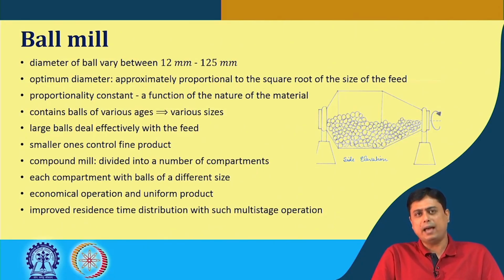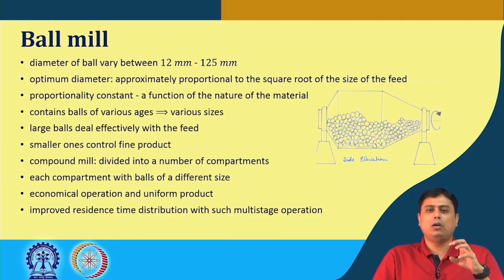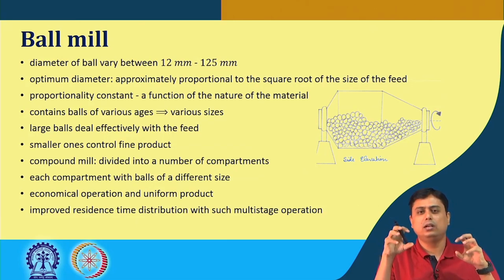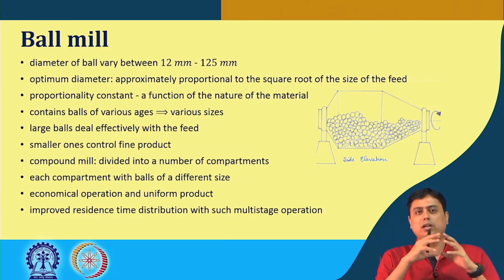The optimum diameter of these balls is typically proportional to the square root of the size of the feed, and this proportionality constant is a function of the nature of the material.